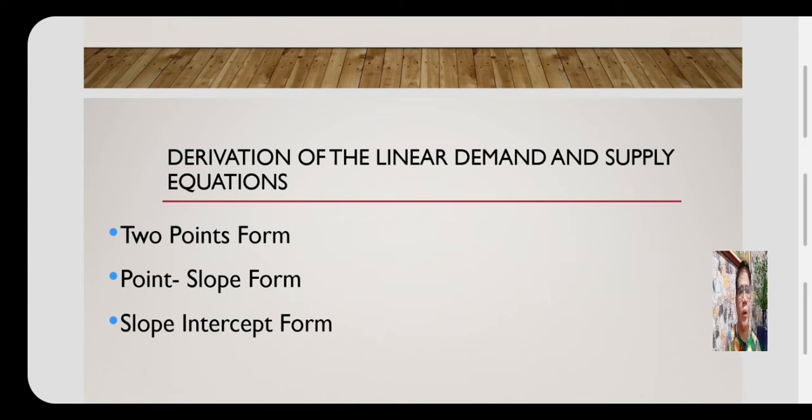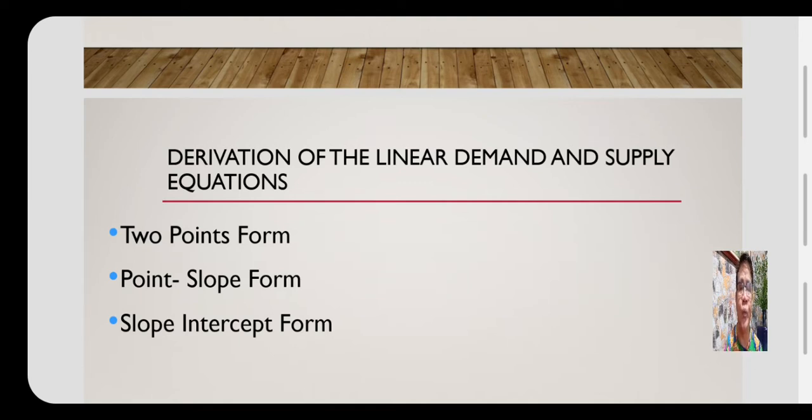Linear equations can be of several forms. Aside from the general form, of course, we have these three forms that are very important in the analysis of demand and supply. First, we have the 2 points form. We also have the point slope form, and we have the slope intercept form.